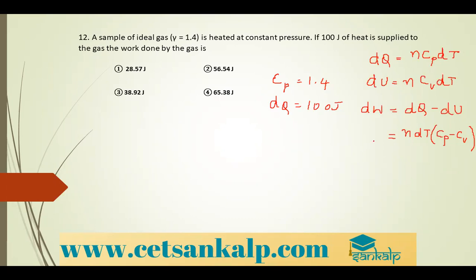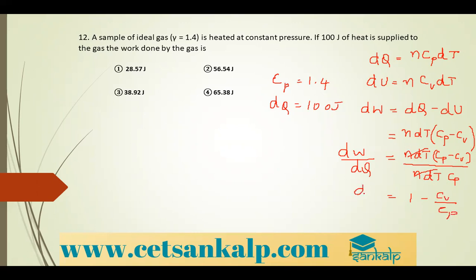Fine. So for the work done, I can divide the whole term by dQ and write dW by dQ is equal to, so what is this, n dT (Cp minus Cv) whole divided by n dT Cp. So this and this cancel. So this becomes Cp by Cp is 1 minus Cv divided by Cp.